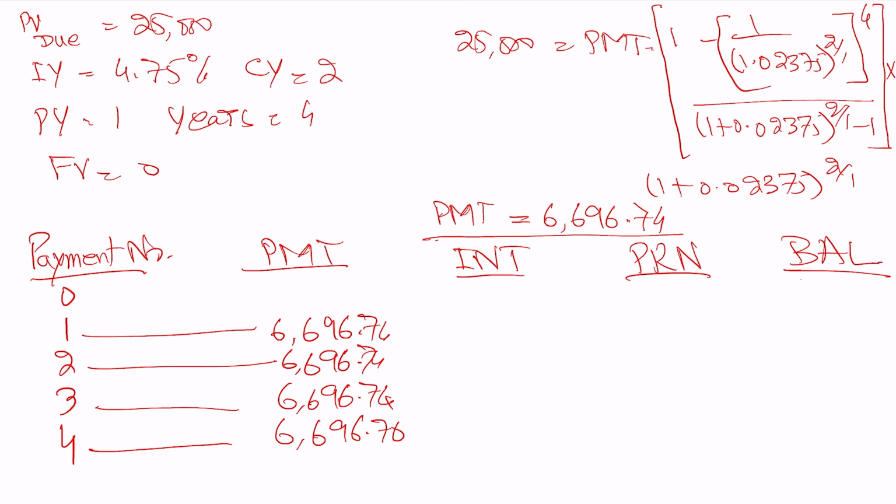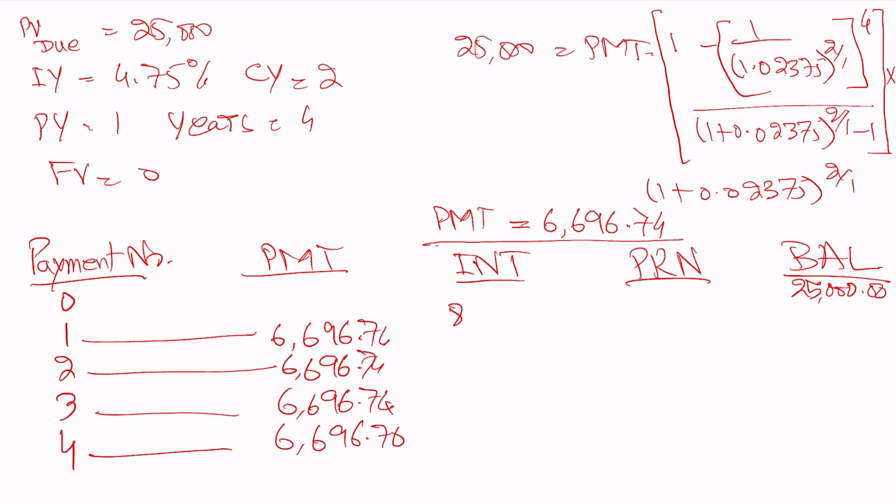So in the first case, we take this balance of 25,000 and plug it into our formula. We will get the interest due: 25,000 minus that value, times 1 plus 0.02375 exponent 2 by 1 minus 1, and we apply it and get the interest as 79.73.